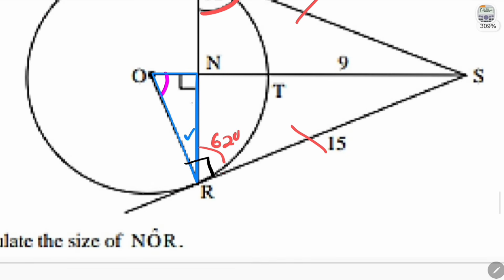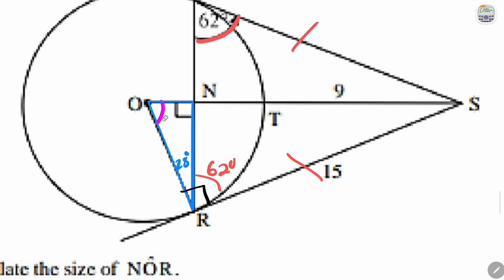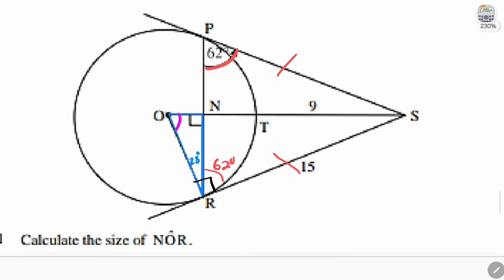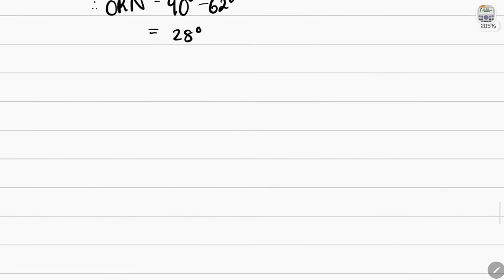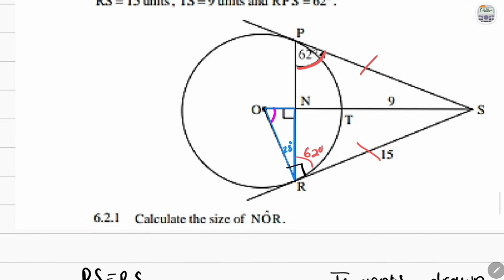Now that we have this little angle and it is 28 degrees, to find this angle we're trying to find, NOR, we just use the sum of angles in a triangle. So to finally find angle NOR, this is equal to 180 degrees minus that 90 degrees minus the 28 degrees.